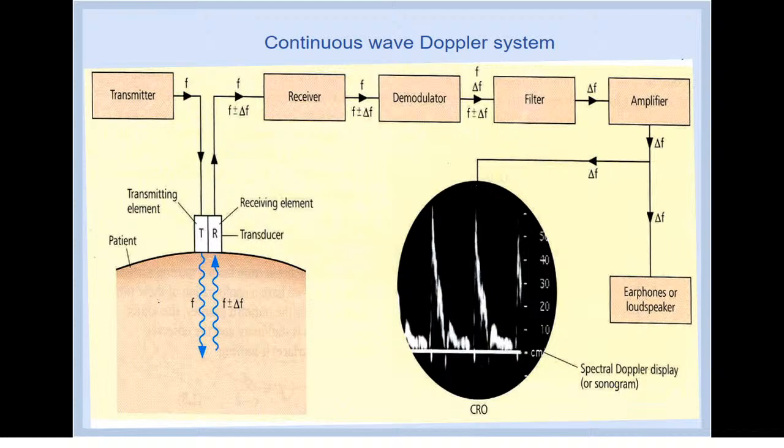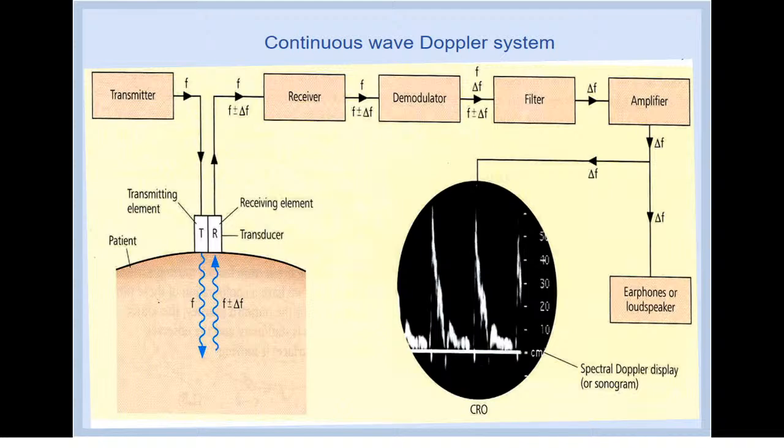The receiver outputs signals containing the same frequency as the transmitter due to stationary reflectors, and the Doppler shift frequency due to the moving reflectors. The demodulator mixes the output frequencies to generate the Doppler shift delta F separately.